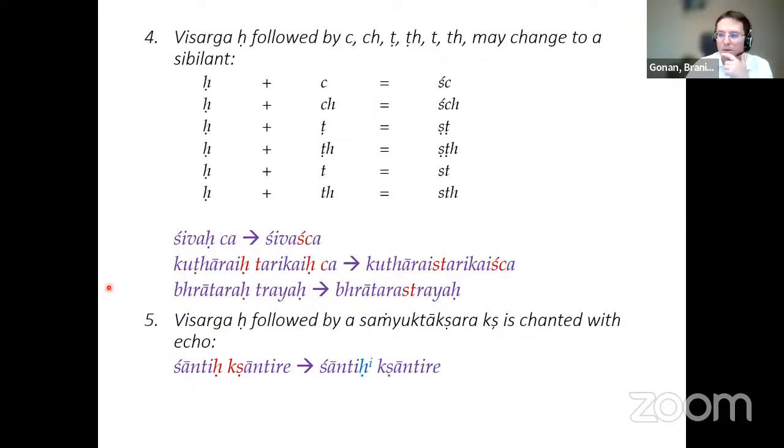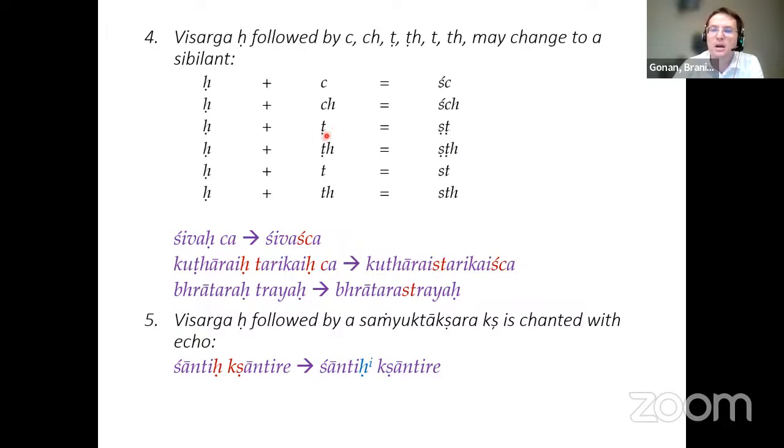Okay, so now we are very close to an end. This is the last set of rules: Visarga followed by ch, chh, t, th, t, th may change to a sibilant or fricative, right? Visarga plus ch is sh. Visarga plus the retroflex t is sh with retroflex, you see how it is changed according to the place of articulation.